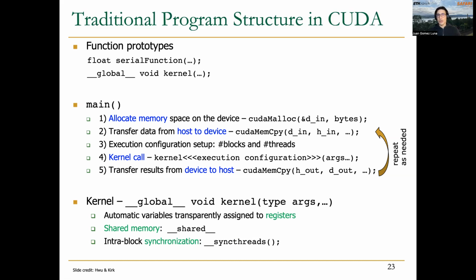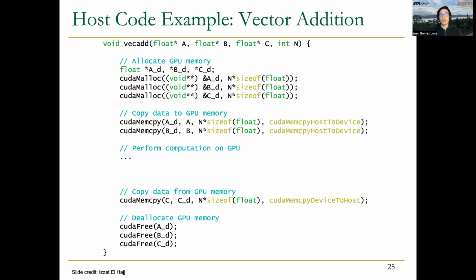In order to start understanding more about how to program a system with GPUs, we are going to start with a simple code example, a vector addition. This code that you see here is the host code, a function called vecAdd. Assume that this function vecAdd is called from the main function of the host CPU.